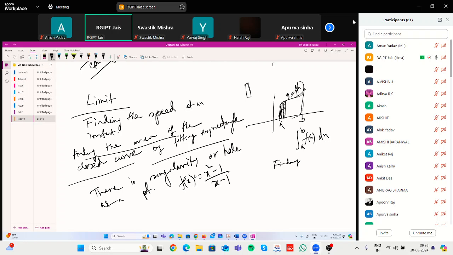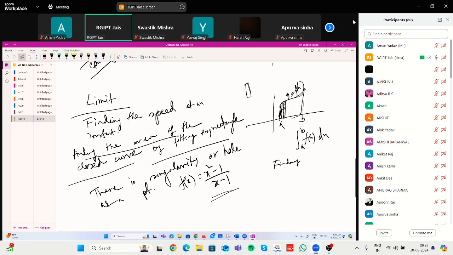This kind of function, right? So how this function behaves, whatever you are saying just now, whatever is happening near x equals 1, that you are trying to say, right? So it has various approaches. One is finding the speed at an instant.